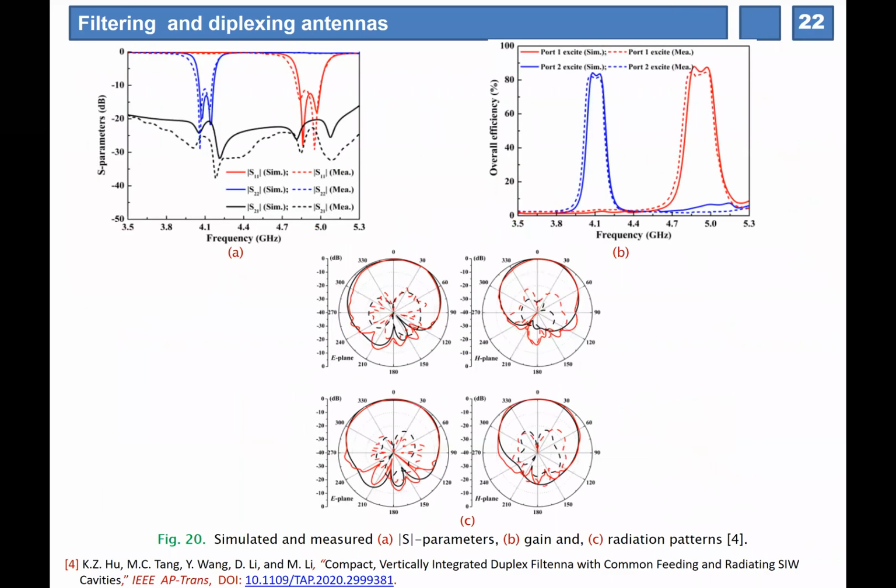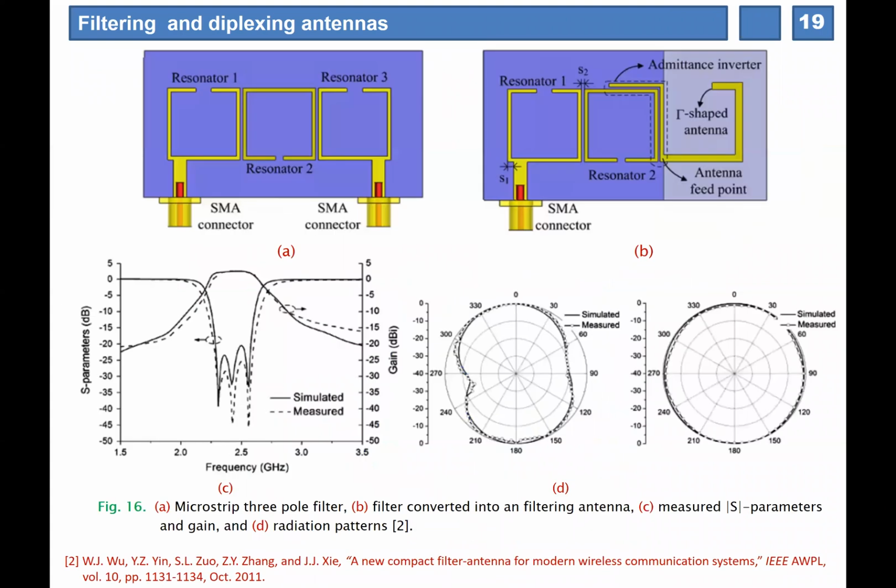And for filtering antennas, you can see, for a simple example, if you take one single resonator as an antenna, then you will not get this wide band. This band widening is due to these coupled structures. There are 3 resonators and the total structure is now a coupled structure.